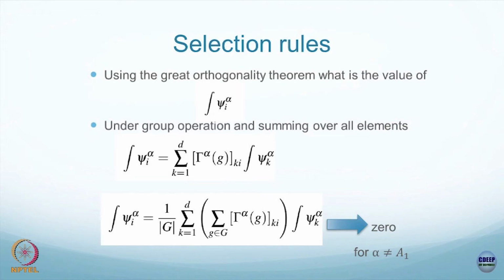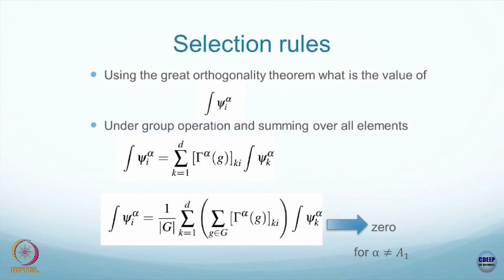Okay. So, the group operation on psi I alpha for a particular group element: there is a matrix for each of the irreps. If it is an E dimensional irrep, it will be a 2 cross 2 matrix. If it is a one dimensional irrep, it will just be the character. Depending on which irrep you are looking at, it will in general be a matrix, okay, and you get a linear combination within the same alpha irrep.